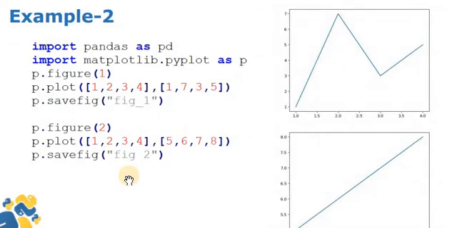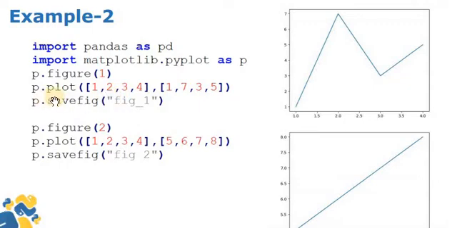Let us take another example. In this example, we are creating two figures. In the first figure, what arguments are we passing? p.figure(1), and after that whatever we want to plot as the x and y axis, we give.